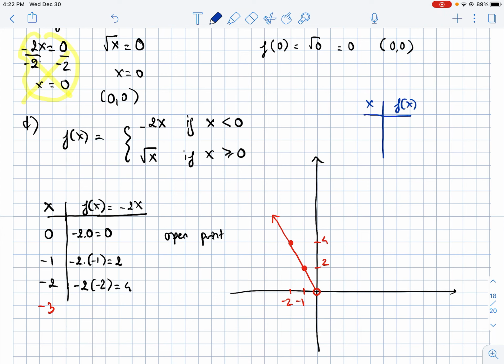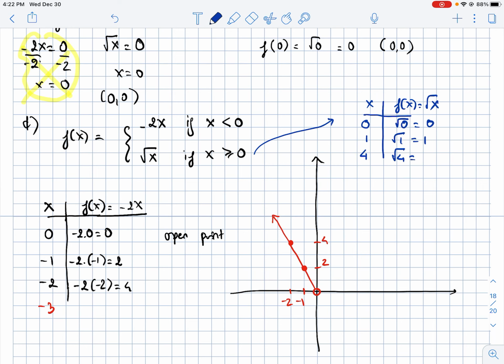Now we make the table for the second piece. For the second piece, f of x equals the square root of x, and the domain of the second piece starts from 0 and more. So we're going to make 0, 1, 2, 3, 4, 5, and so on. Let's start with the first two inputs. Then we get the answers 0 and 1.